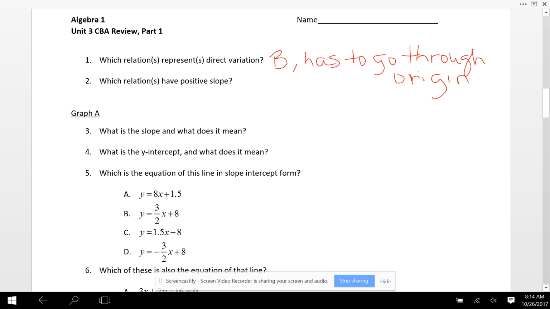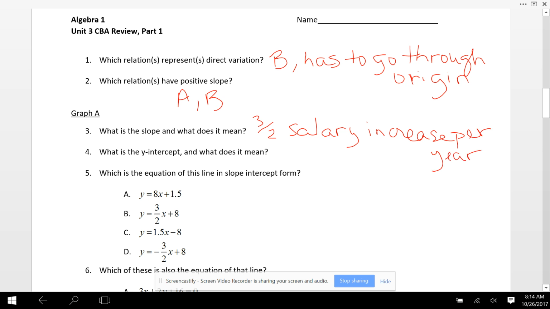That's supposed to be an R. Okay, and the positive slopes are A and B. For graph A, the slope was 3 over 2, which is salary increase, I guess is what I should say, per year. My handwriting's worse.